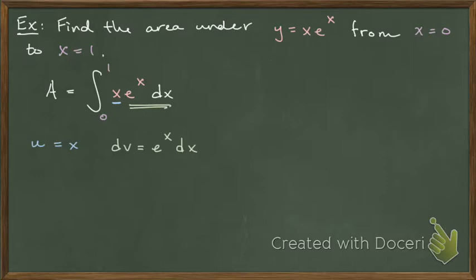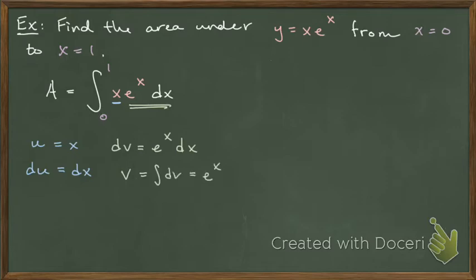So what we do here, we know from the formula on the previous slide, I'm also going to need du and v, okay? Du is the derivative of u, and I just get a dx there. V is a little bit more tricky. V is the integral or antiderivative of dv, right?